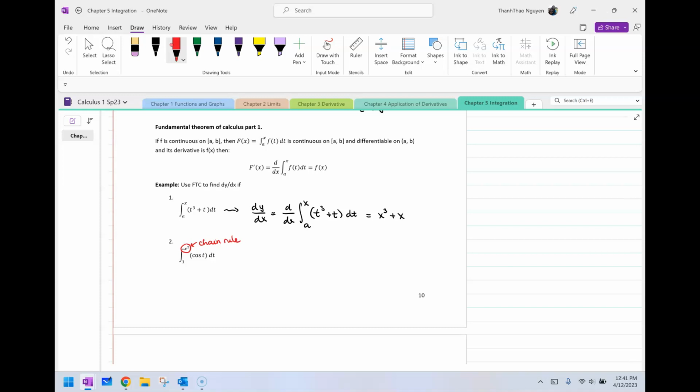So dy/dx is equal to d/dx of the integral from 1 to x squared of cosine of t dt, which is equal to cosine of x squared times 2x.